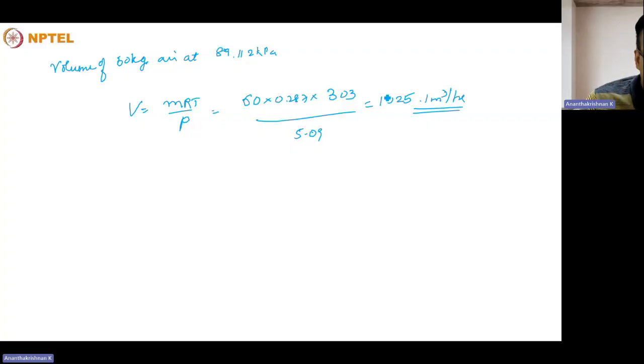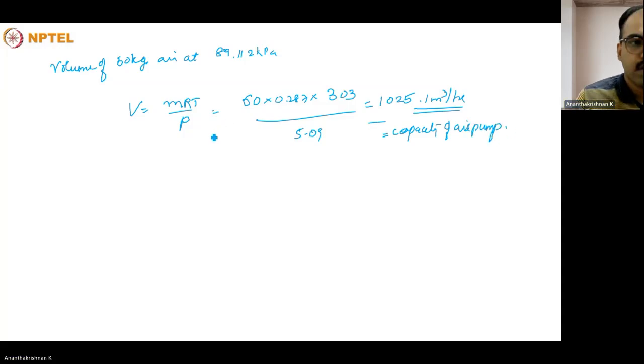So using the air side, we can actually get the volume. This volume flow rate will be equal to the capacity of the air pump in terms of meter cube per hour. So now we have to determine the mass of the vapor extracted.